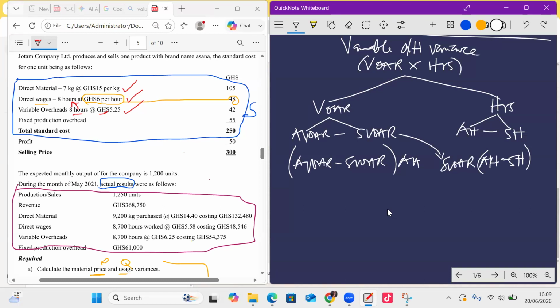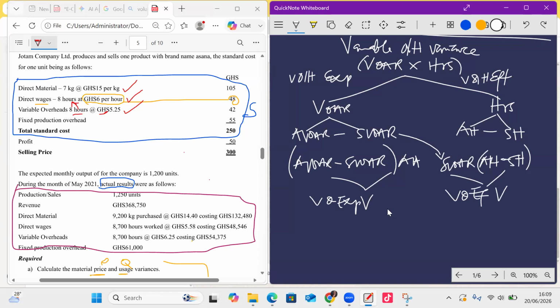Now, here on the left branch from the top, it is called variable overhead expenditure. Here it is called variable overhead efficiency. So this is called variable overhead expenditure variance, and this is called variable overhead efficiency variance.